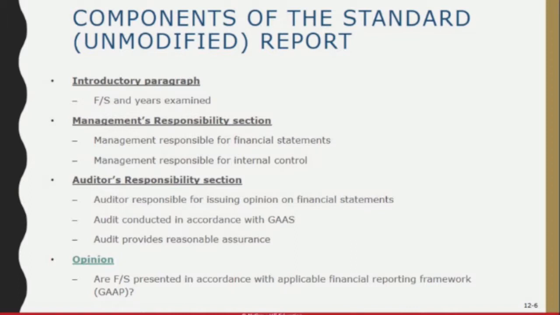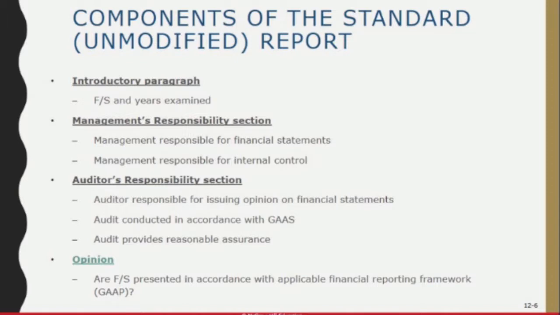Then finally, the opinion paragraph, the Big Ben, the auditor is giving an opinion that the financial statements are presented in accordance with the applicable financial reporting standard, which in our case is generally accepted accounting principles. And after the opinion paragraph, the very last paragraph refers to the auditor's report on internal controls.